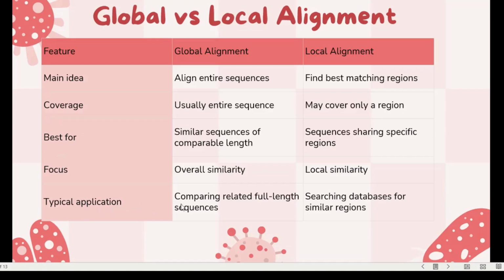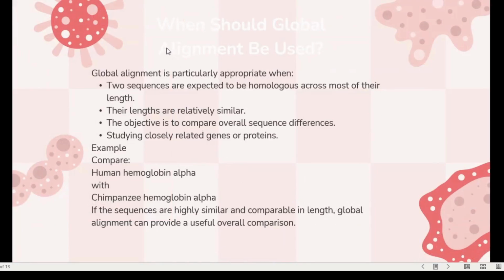Global alignment we apply in comparing related full length sequences, and local alignment we use for searching databases for similar regions. Now, when should global alignment be used? Global alignment is particularly appropriate when two sequences are expected to be homologous across most of their length, their lengths are relatively similar, and the objective is to compare overall sequence differences, studying closely related genes or proteins.